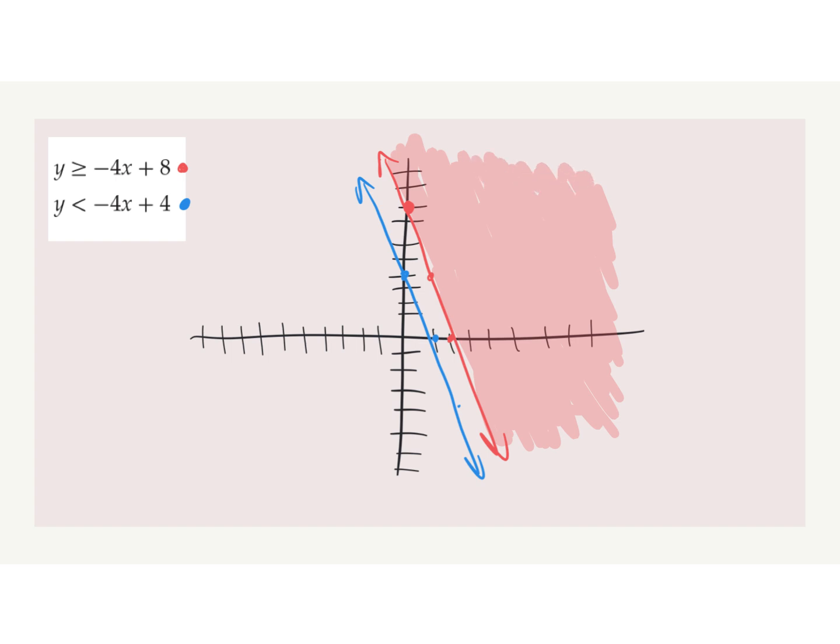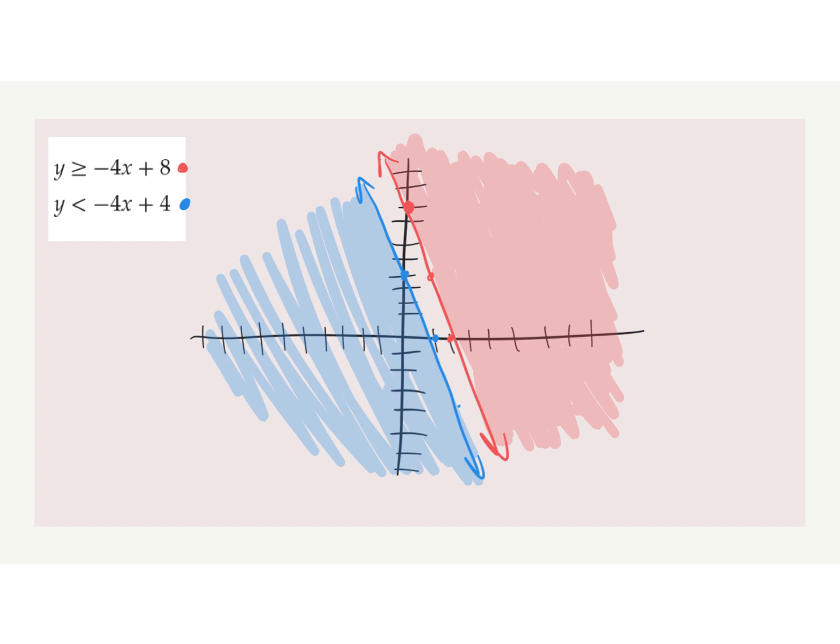And then we're going to look at the blue one, which is y is less than. So when y decreases, we're going to shade this one as well. Again, guys, you could have done it any way and you should have gotten the same answer. This is a no solution, as the shaded regions don't overlap.